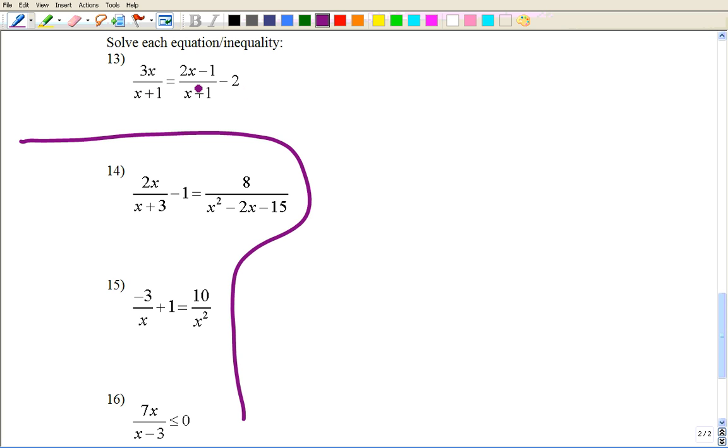And you can see that I've got x plus 1 in these two denominators, but I can't forget the fact that this is a 2 over 1. And so I want to get rid of all these denominators at once. And one way I can do that is to multiply each part by my least common denominator. So I'm just going to write that above here.